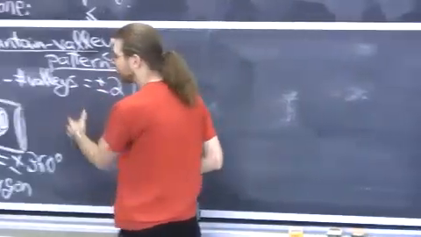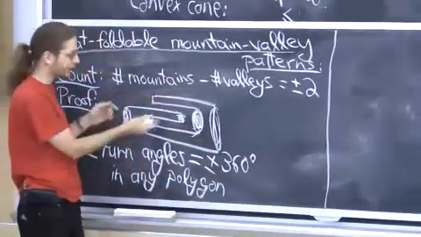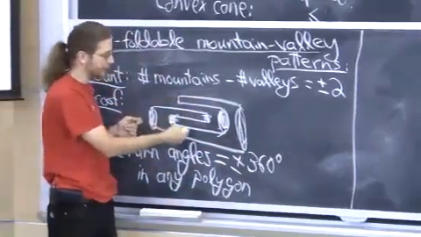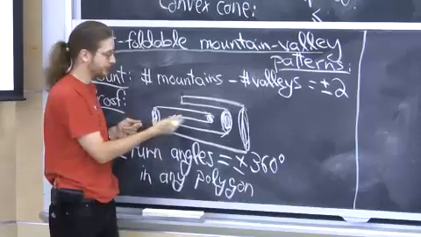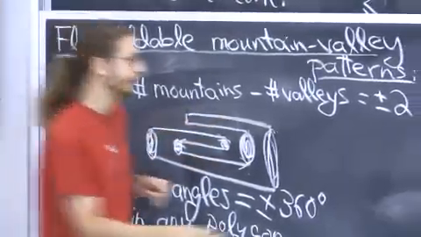And it's useful because we can map mountains and valleys to left and right turns. As I said, every time this was a valley, it was a left turn by 180. Every time it was a mountain, it was a right turn by 180.